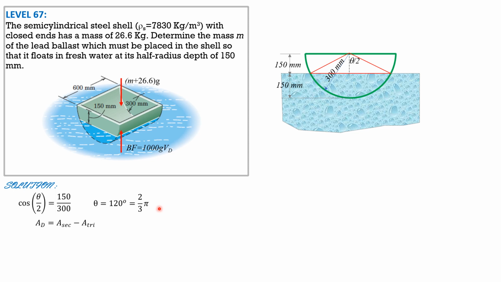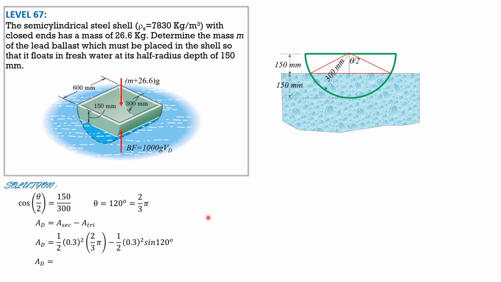But if it is in the degree mode, then area displaced is 1/2 of 0.3 squared times 2/3 pi, this must be in radians, minus 1/2 of 0.3 squared times sine of 120 degrees. So this should be 120 degrees.